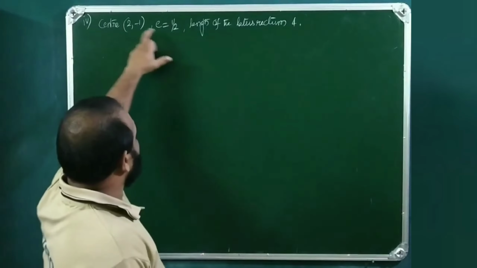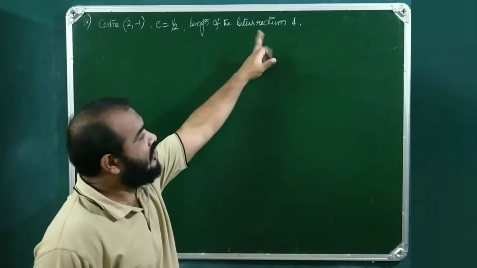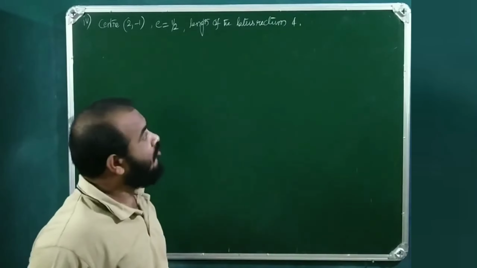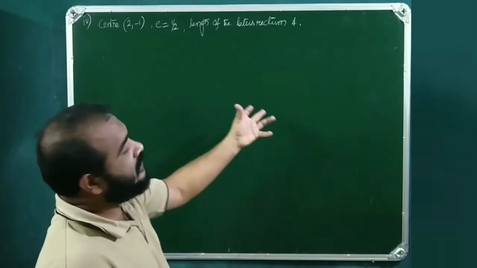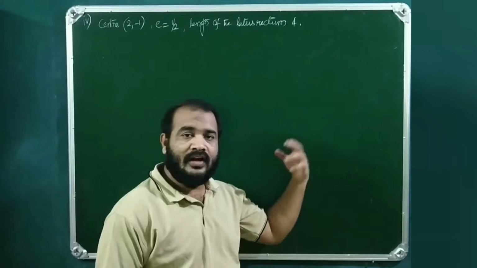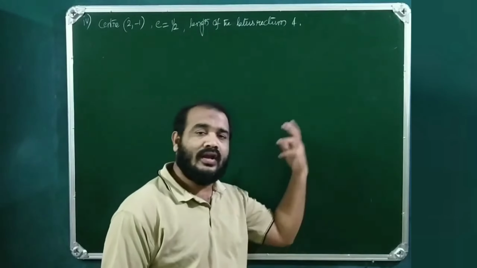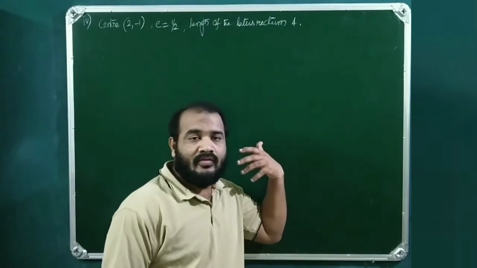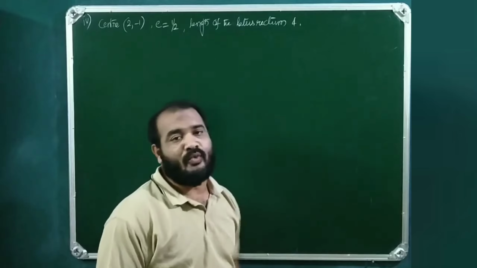Center is 2 comma minus 1, eccentricity is given, and the length of the latus rectum is 4. Again, we don't know which ellipse it is. It could be the A greater than B case or the A less than B case, which we discussed in the previous problem.